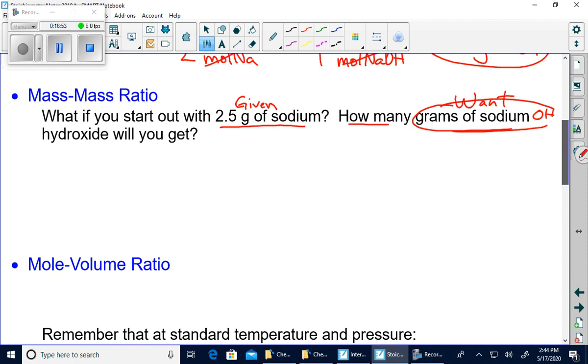Okay. So I'm going to start off with what I'm given again. So I go 2.5 grams of sodium. Now, I have to get to that mole ratio step. So I need to convert my 2.5 grams of sodium to moles.